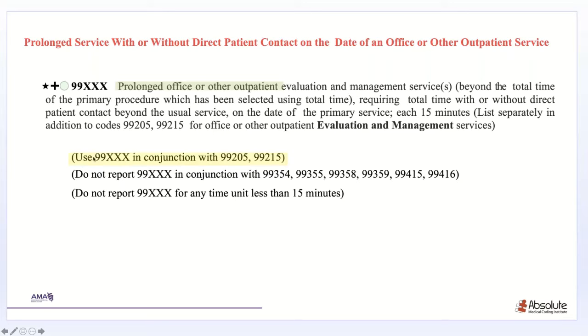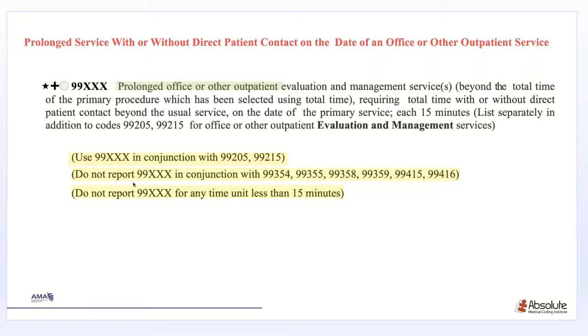Now, I do want to point out the parenthetical guidelines. You see, you use this add-on code in conjunction with the 2 office visits we just mentioned. And you do not use this add-on code in conjunction with those other prolonged services codes. You don't use it with 99354, 99355, 99358, 99359, 99415, 99416.